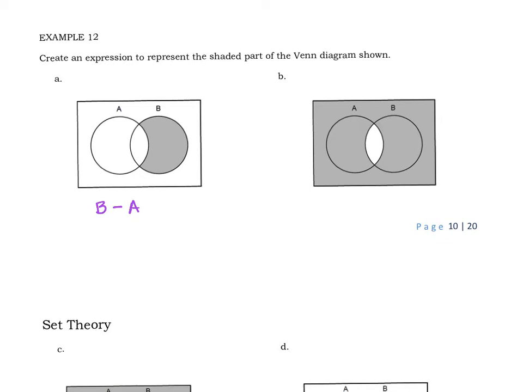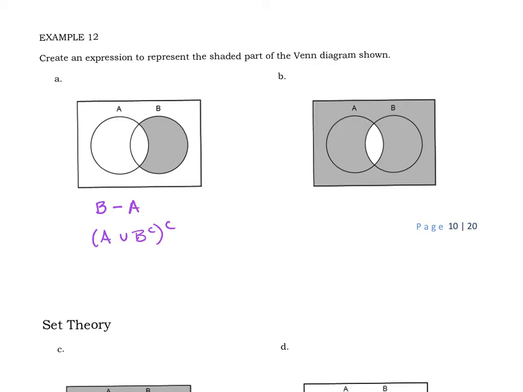So that region right there is B minus A, and you may notice back in example 10 that is exactly that set. You might also notice in example 11, another way to represent that set was A union B complement, and the complement of that.